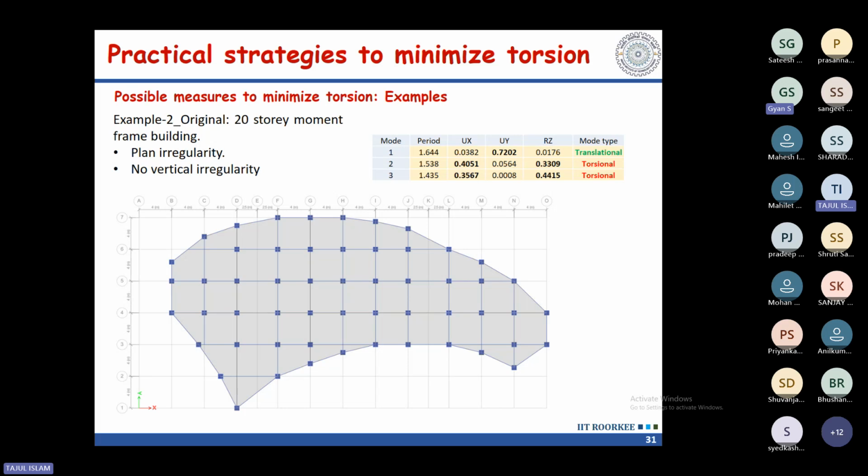So if you satisfy the conditions given in the code, then you will be safe. But suppose as an owner of the building, you want to satisfy building performance, then you can try to upgrade according to the current code. So these are the 2 aspects you have to understand.